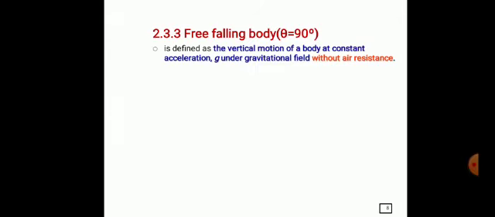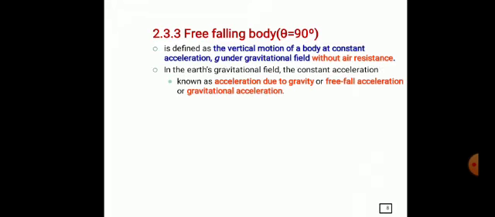So what is free falling motion? Free falling motion is a vertical motion under a gravitational field without air resistance. If air resistance is present in our example, we don't call that a free falling body. The value of the constant acceleration is given as 9.81 meter per second square.